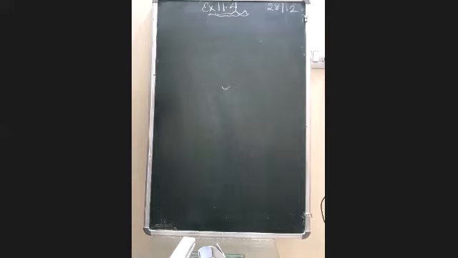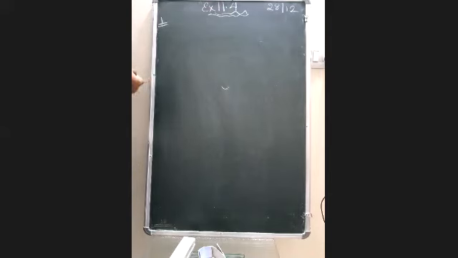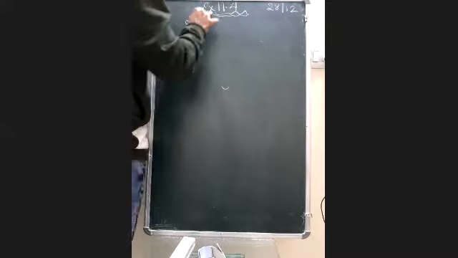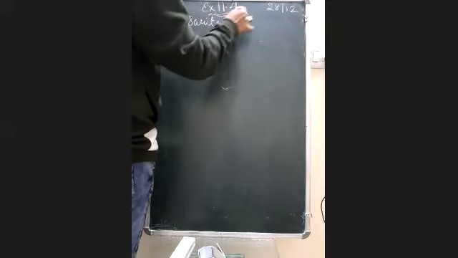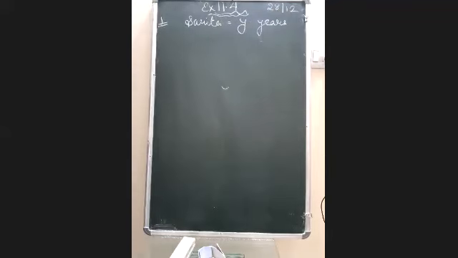Question number 1 of exercise 11.1 is just saying that you have to answer the following questions. Question number 1 says take Sarita's present age to be y years. Like we have to assume that Sarita is y years old at present.